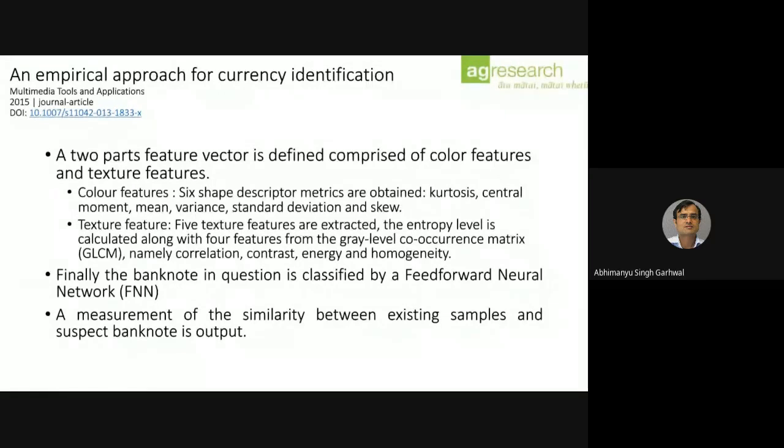For texture features, we calculated entropy and four features from the gray level co-occurrence matrix, namely correlation, contrast, energy, and homogeneity. Finally, the banknote in question is classified by a feed-forward neural network, and a measurement of similarity between existing samples and the suspected banknote is given as output.